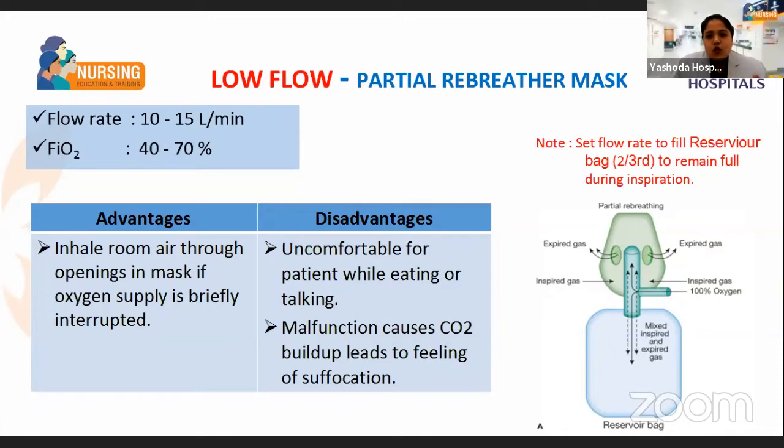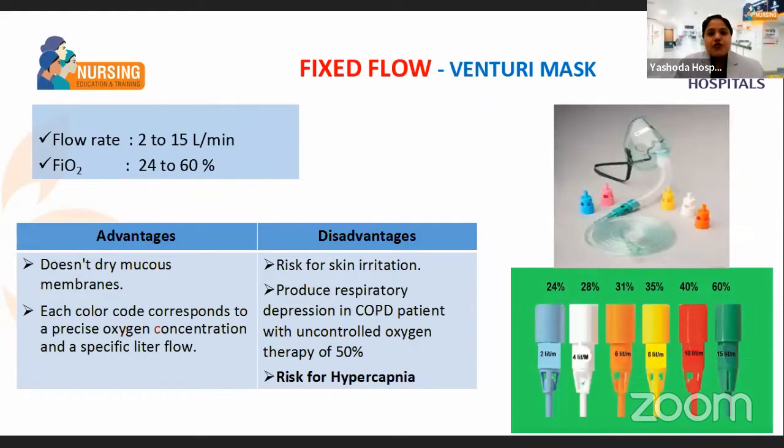So what are the low flow devices we have seen till now? Till now we have discussed the simple nasal cannula, simple face mask, the non-rebreather mask and the partial rebreather mask. Then comes the fixed flow, which is the Venturi mask.